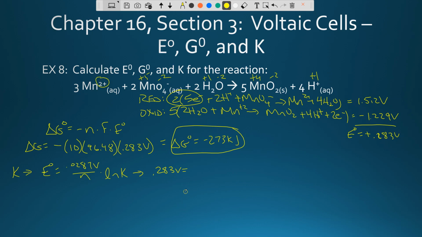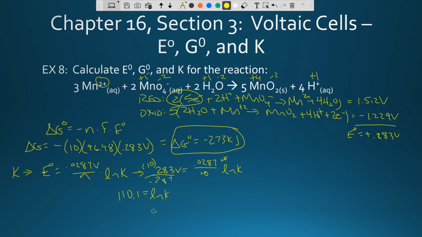That's my E value, and that's going to be equal to 0.0287 over 10 electrons involved, times the natural log of K. I end up with 110.1 equals the natural log of K, and how I got that was I multiplied both sides by 10, and then I divided by 0.287. So that's how I got my 110.1 times the natural log of K.